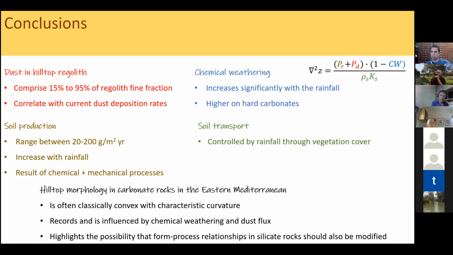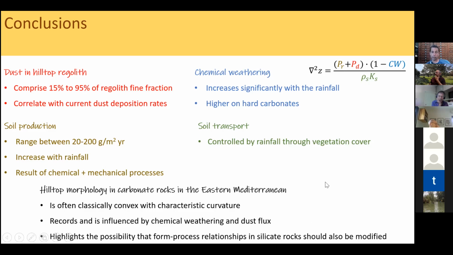So pretty much all the hilltops at each site are very similar in their convexity, but different between sites. And we believe that they record and are influenced by chemical weathering and dust flux, in addition to other environmental parameters.